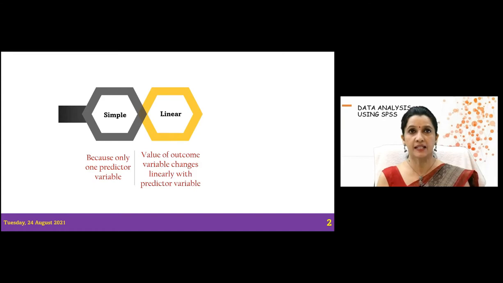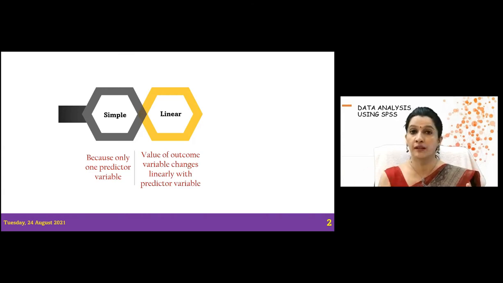The second is linear. Can you recall the correlation concept where we plotted the scatter plot and we learned that for correlation to apply, we need a linear relationship between the two continuous variables?